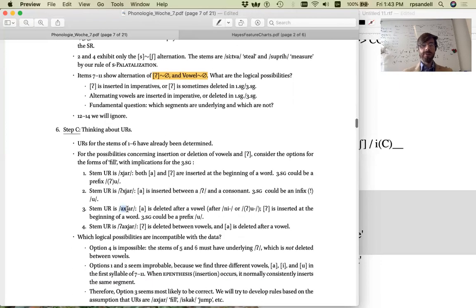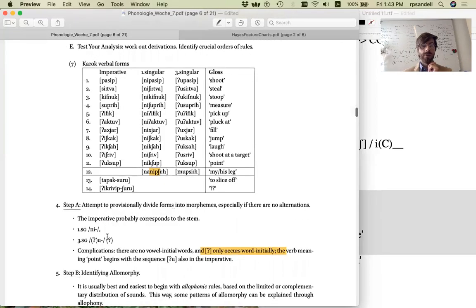Our fourth hypothesis is that the vowel a is underlying, but the glottal stop is not. In that case, we would need to assume that the underlying vowel a is deleted following another vowel. So remember, we established that the underlying forms of the prefixes must be ni and u. So we would need a process that deletes this underlying vowel a when it's preceded by a vowel e or u.